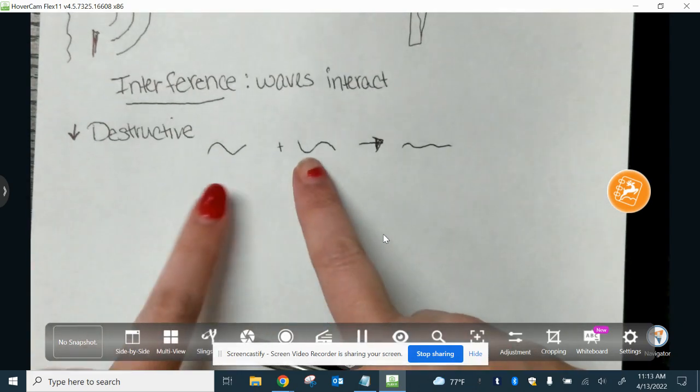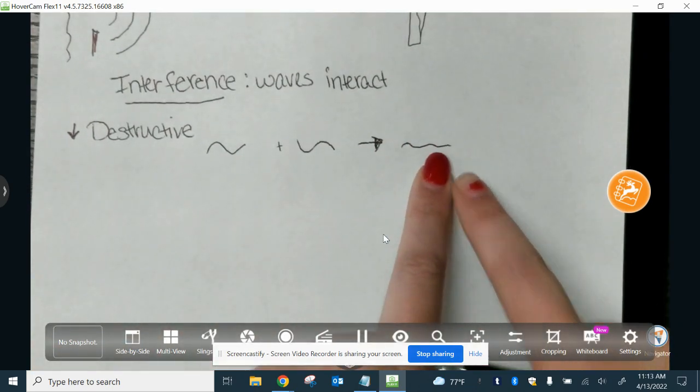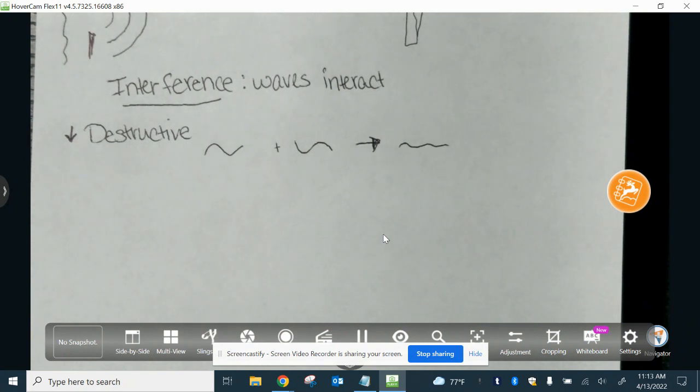In this case, we took two normal size waves, and when they met, the resultant wave was less. You can think of it as two people jumping into a pool from opposite ends, cannonballing in. Their waves are going to meet in the middle and kind of cancel each other out, and not be as much.